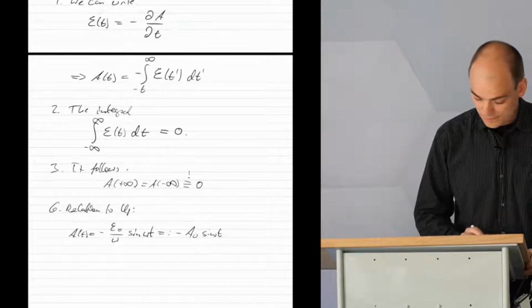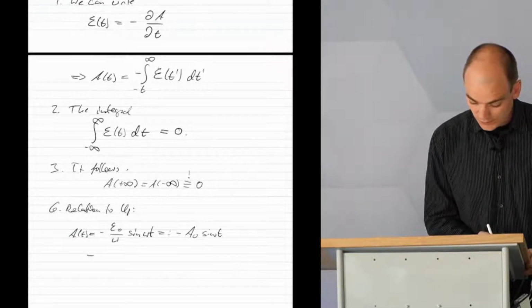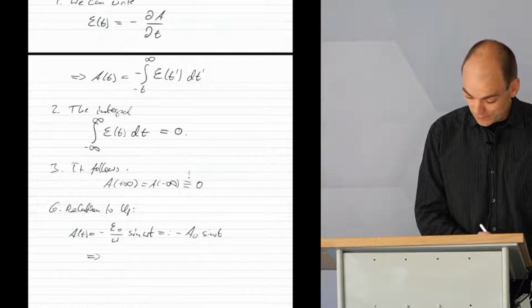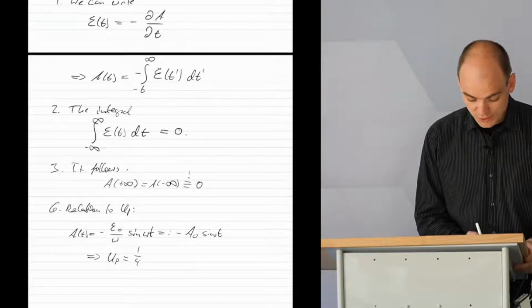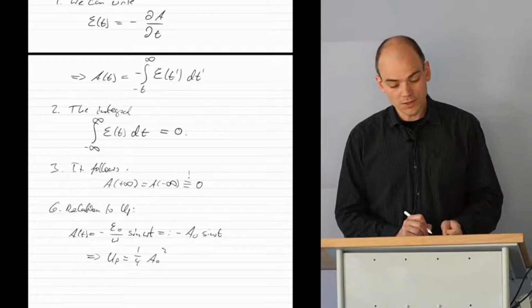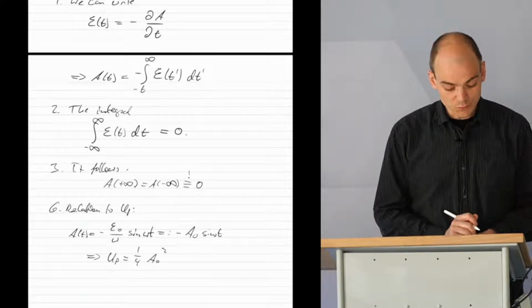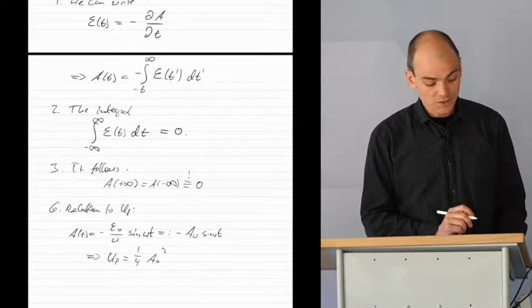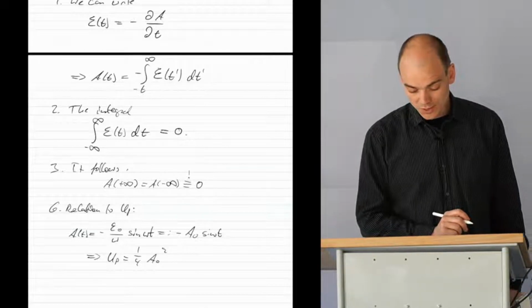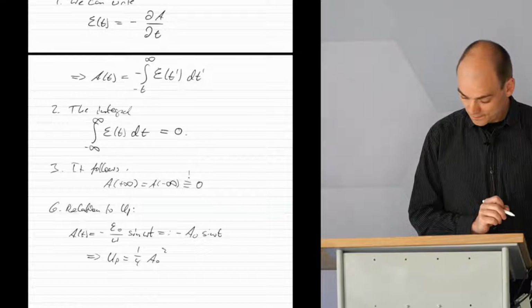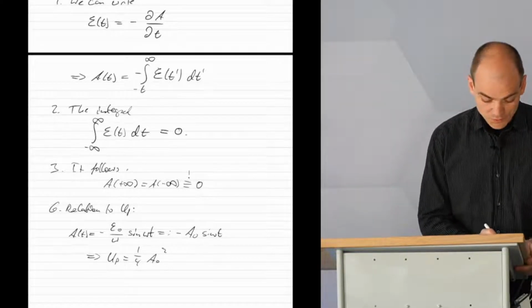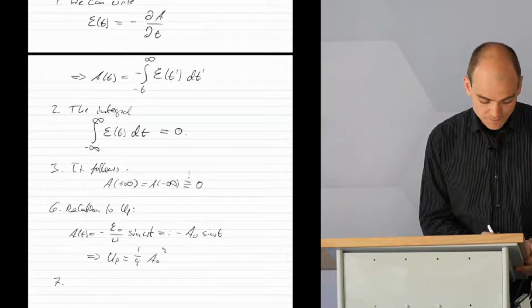From this it follows that we can write the ponderomotive potential in terms of the vector potential, or vice versa, and we find this expression. Because the ponderomotive potential was exactly 1/4 E squared over omega squared. So we can find this. And we can also compare to the drift velocity.